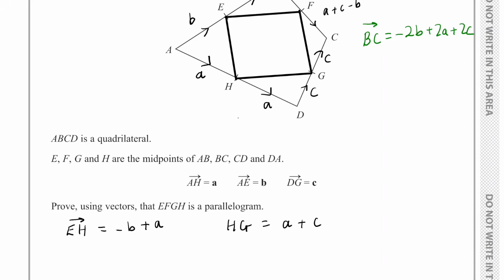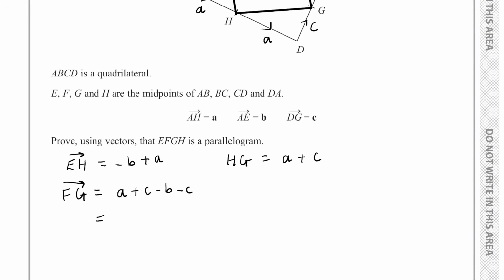From F to G, it's going to be a plus c minus b minus c, which simplifies to a minus b, or minus b plus a, so it's the same as EH.